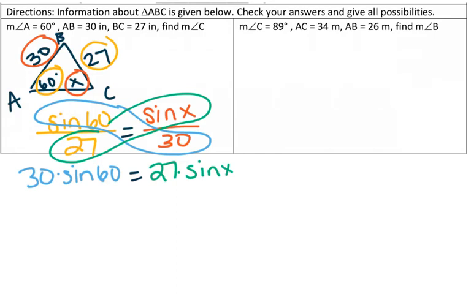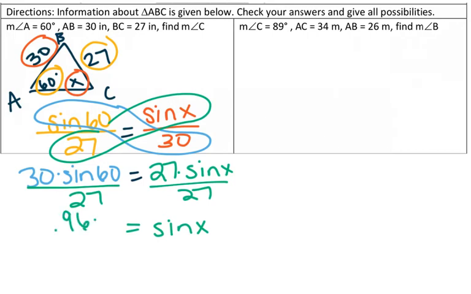Okay, we need to get rid of the 27 in front of sine, so I'm going to divide both sides by 27. So here's what I have so far. I have the sine of x equals, I'm going to use at least 4 decimal places, so let me do 0.9623.